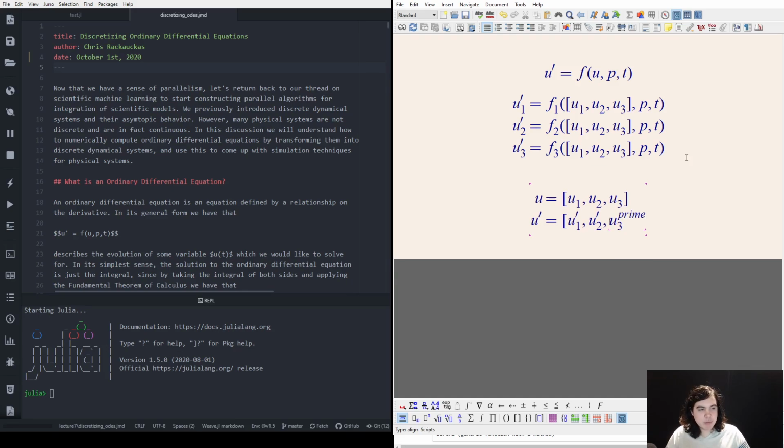So anytime that we're talking about dynamical systems, we should always think about the fact that we have multiple variables, right? These state variables are usually, for example, in a physical system, you have the position and velocity, right? So u1 is position, u2 is velocity. How do both these states of the system evolve over time?